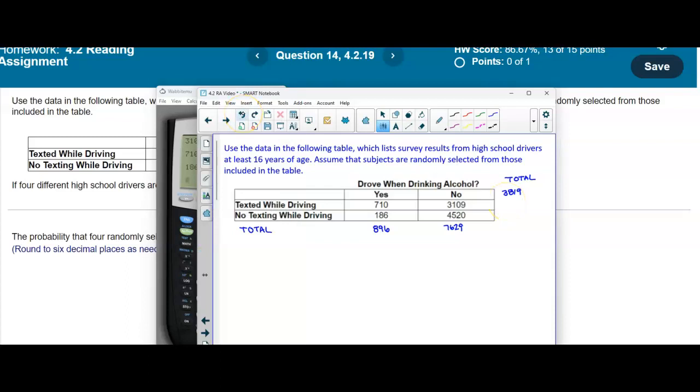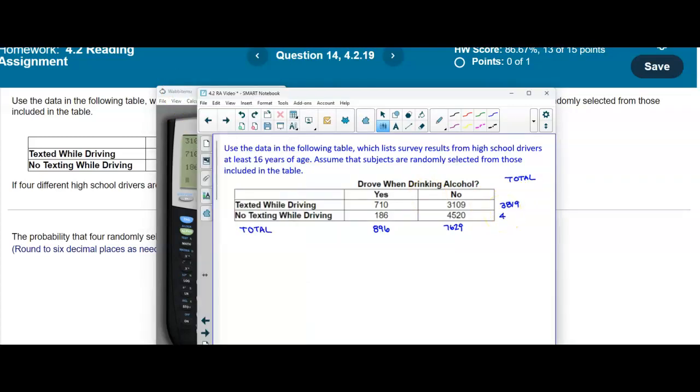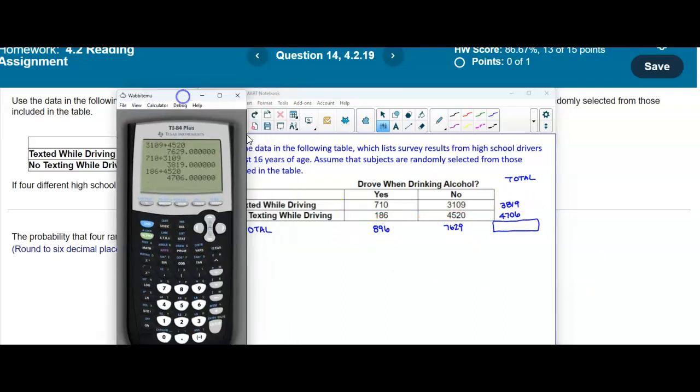Let's go ahead and move that down here a little bit. And that gives us 4,706. Now, if we wanted to find the entire total of this entire set, we could either add across or add those totals to get the total amount of numbers. Let's just check to make sure that it works.